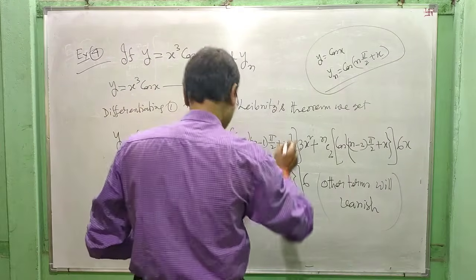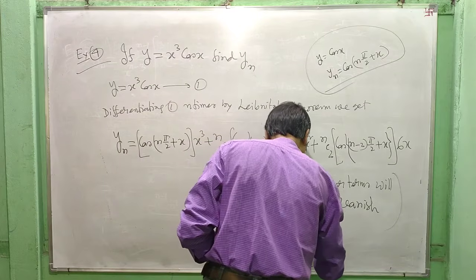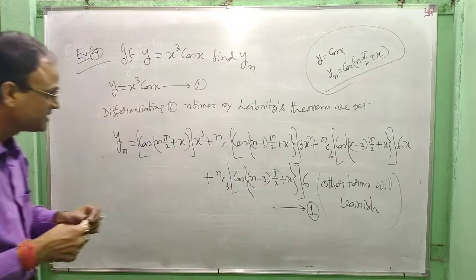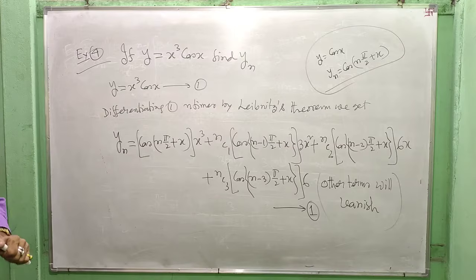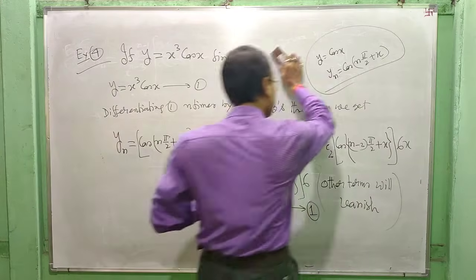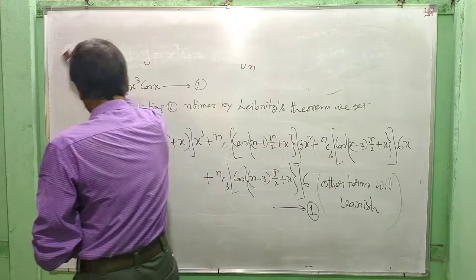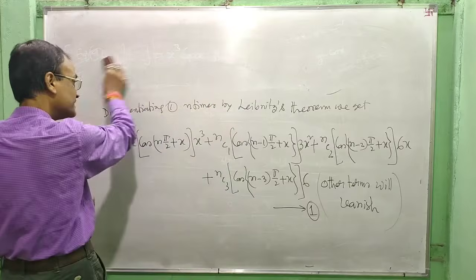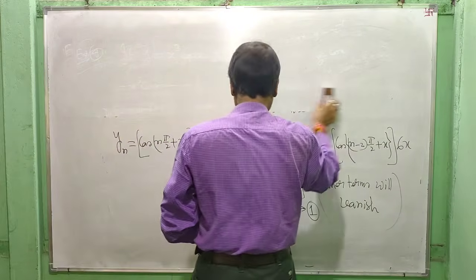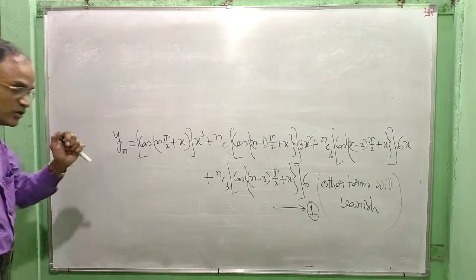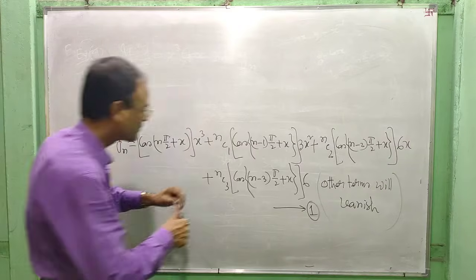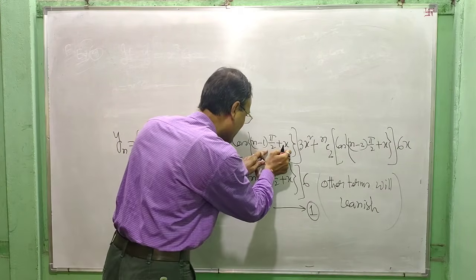Suppose this is number 1. Now, what will be this term? Cos of n minus 1 times of pi by 2 plus x.